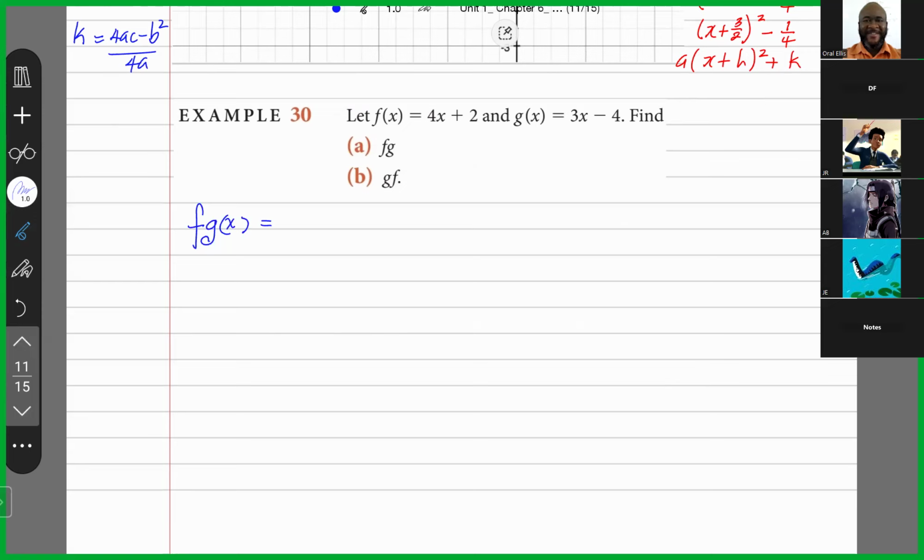In other words, in f, wherever I see x, I'm going to replace x with g.